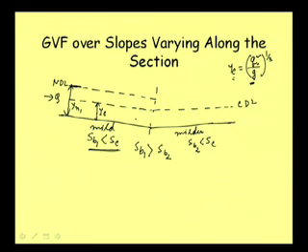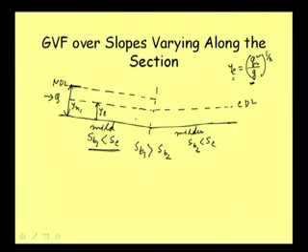In channel portion 2, the slope is flatter than the earlier mild slope, so it is milder than the earlier mild slope.